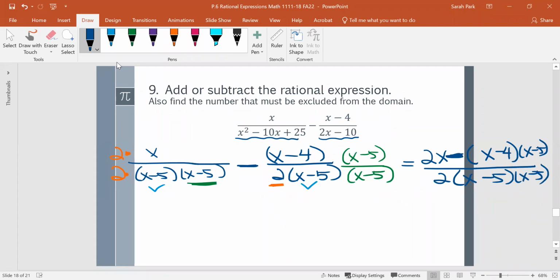Remember from the previous example, I said we have to distribute the negative. Before we distribute the negative, we'll expand this top part, x minus 4 times x minus 5. We're going to FOIL this.